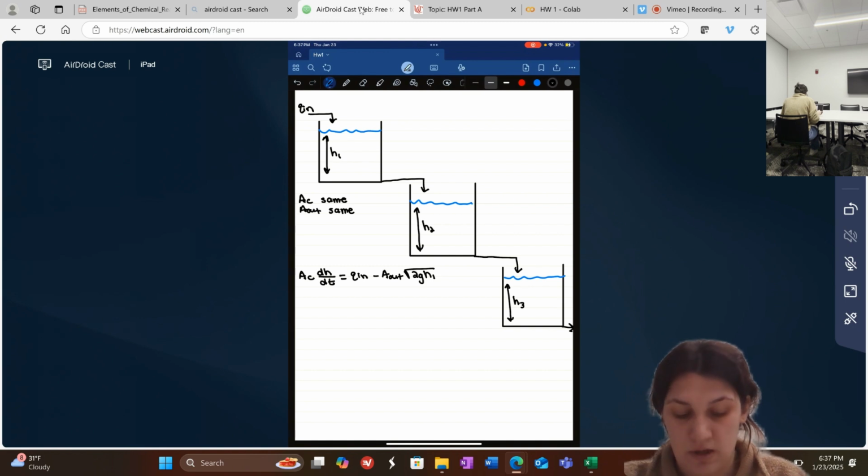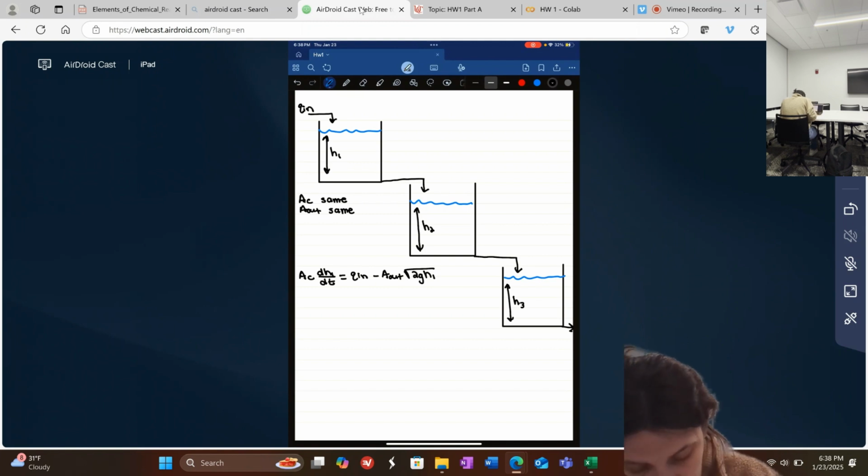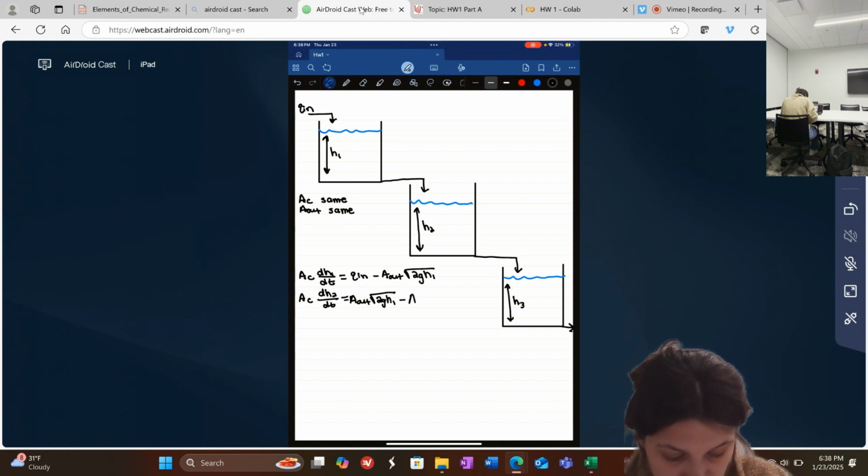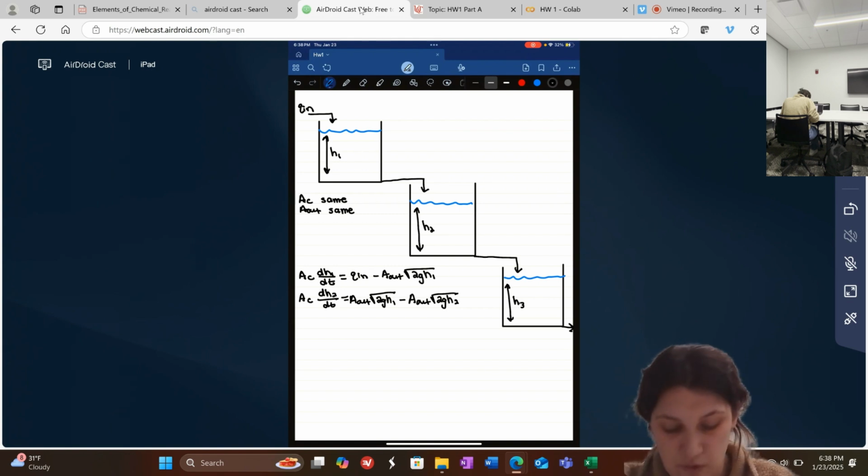Now for the second tank, we know that our flow in is the same as the flow out of tank 1, so A_c dh2/dt would be A out times the square root of 2gh1 minus the actual outlet of tank 2, which would be this same thing, just with height 2.